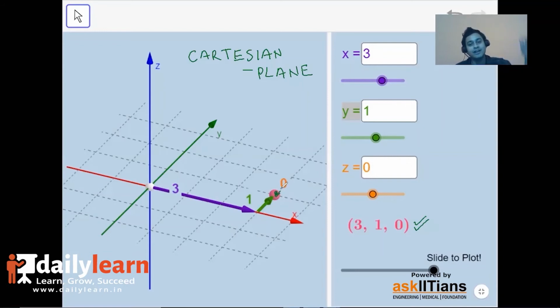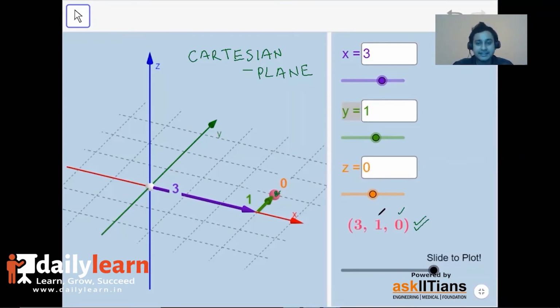So overall, this is the way we have reached this particular point in pink, and the coordinate is (3, 1, 0). Hold on for this, because z is actually 0. We are neither lifting, nor getting inside the plane. As soon as we start lifting from our space, let's suppose you start jumping off your feet, your z also increases, and that's why the z coordinate will also have a particular value.